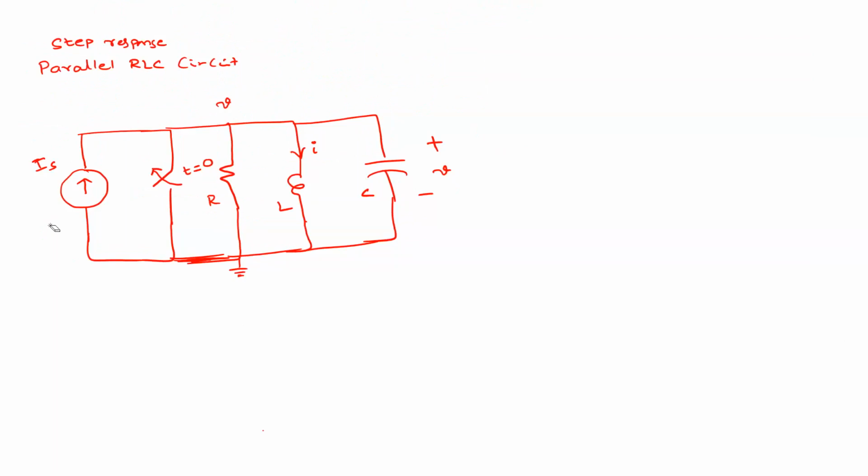Now we can apply KCL at the upper node with voltage V. What you will get is V by R plus i, which is C dV by dt, equal to IS.